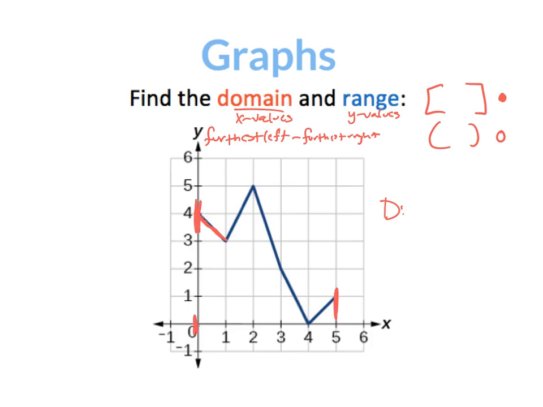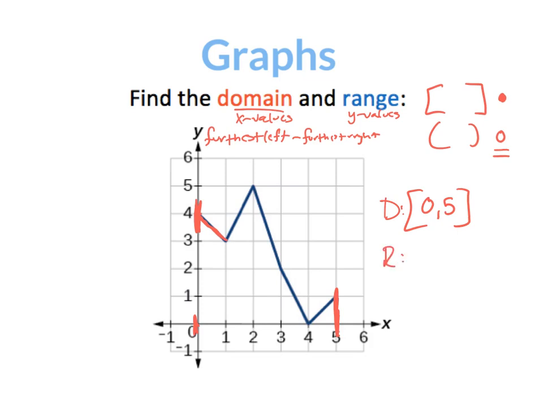The furthest right that it goes is +5. So it's going to be [0, 5] because it includes all values between 0 and 5. And since those are at the endpoints and it looks like it includes the points (0, 4) and (0, 5), I don't see any open circles there. We're going to use brackets around those two values. What that means is that it includes all values from 0 to 5, including the endpoints.